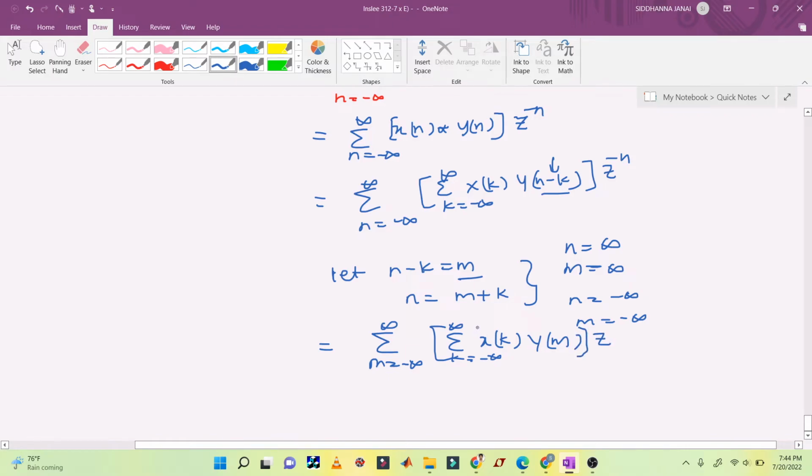Now, interestingly, what we are going to do here is multiplying with, take this bracket. This was correct only. N is equal to m plus k. We have minus n here. So it is minus m minus k.